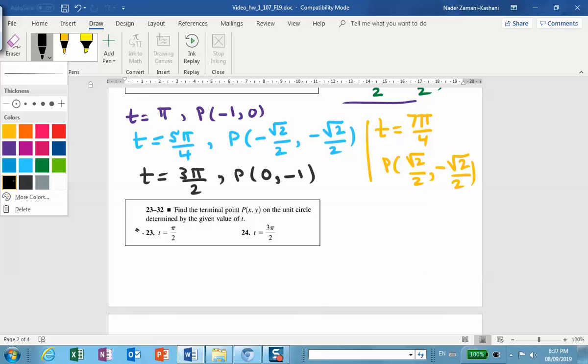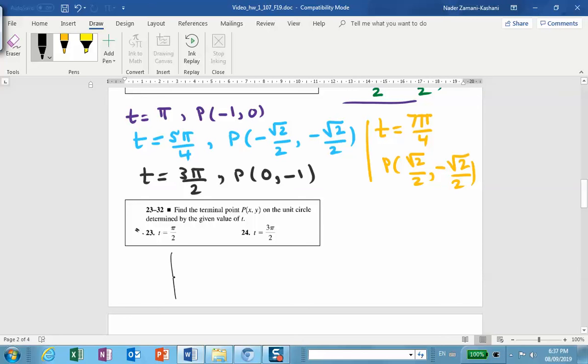Okay, so this last one, problem number 23, for example, says find the terminal point on the unit circle for pi over 2. Okay, so we draw the circle right there, xy, unit circle, pi over 2 corresponds to this point. Terminal point is going to be 0 and 1.